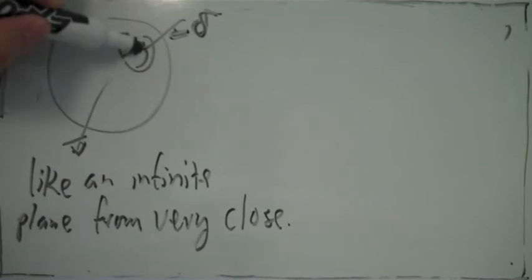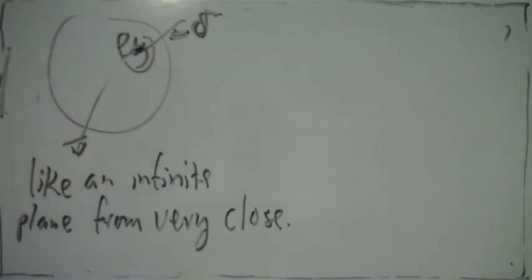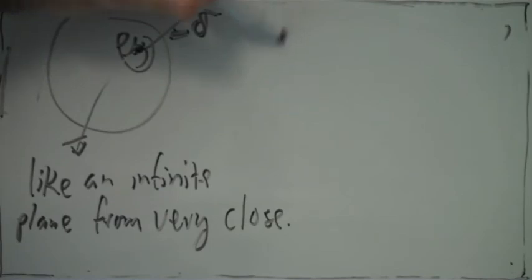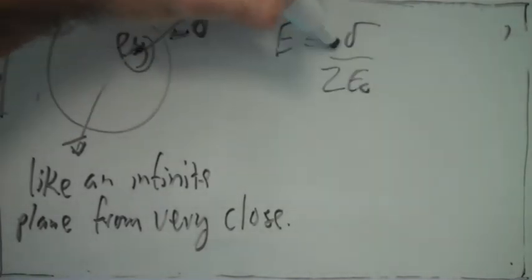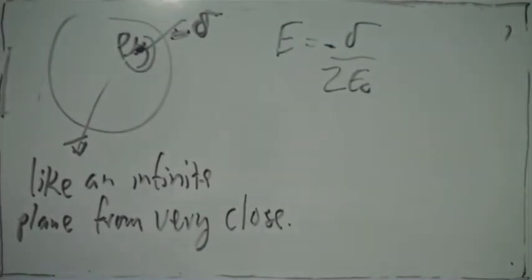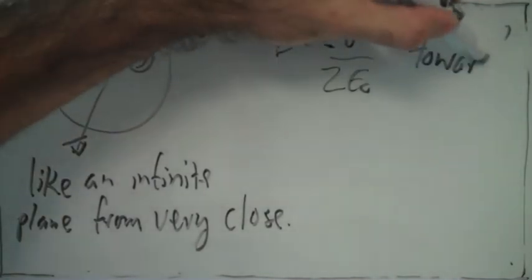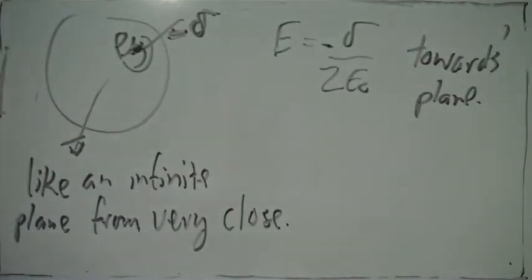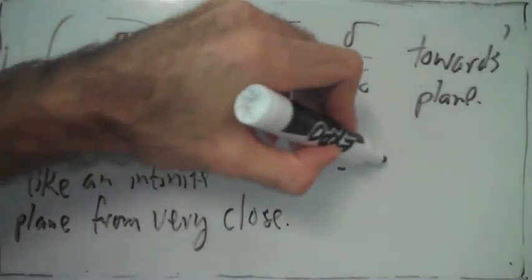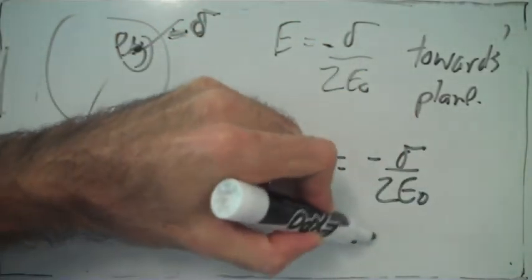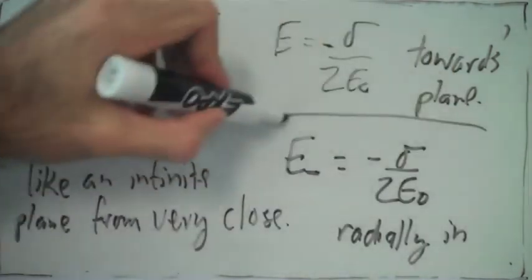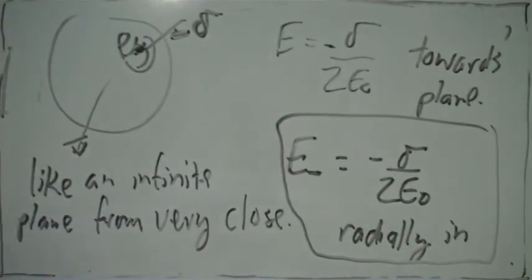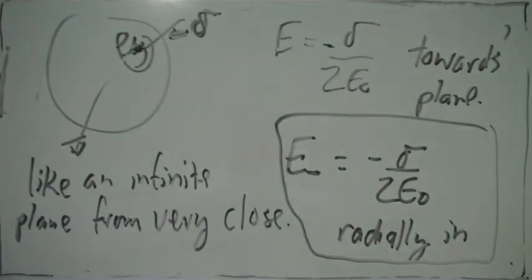So we know the electric field produced by an infinite plane at that point. This is given by sigma divided by, or negative sigma because it's negatively charged, divided by 2 epsilon naught. And this field points towards the plane, so it's a field going into the plane. So this is the electric field, and it points radially in. This is the electric field of this negative patch of surface.